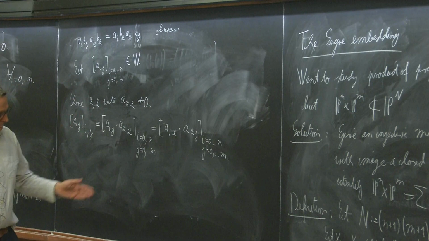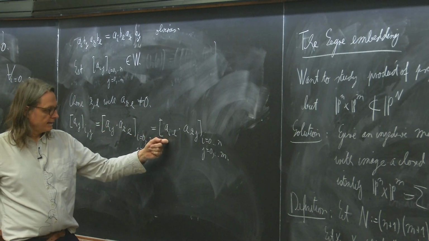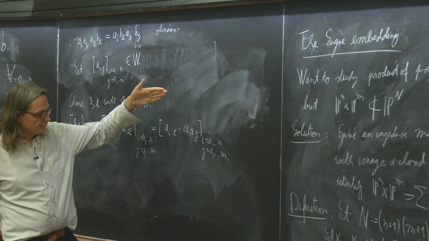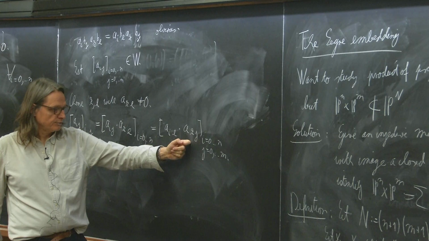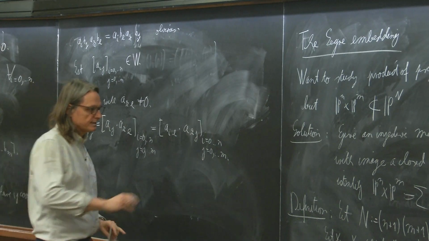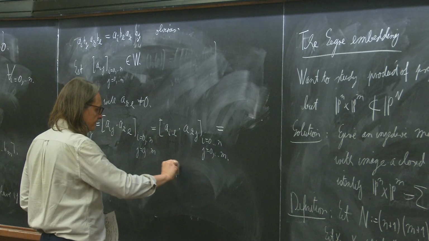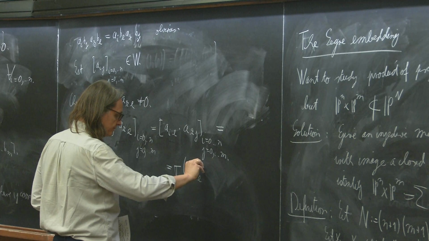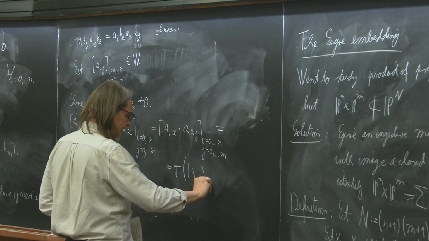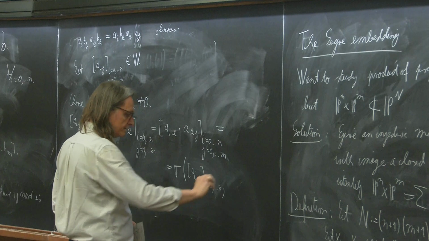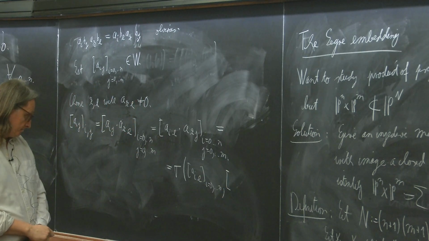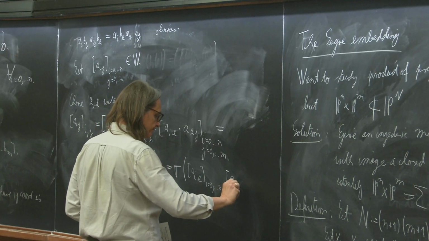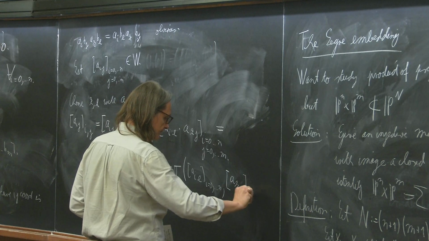But now you can see, here the index i runs over all the coordinates one has in Pn. Here the index j runs over all the coordinates one has in Pm. So this is just equal to sigma of ail, where i runs from 0 to n, and akj, where j runs from 0 to m.